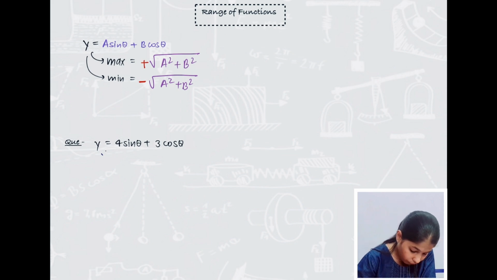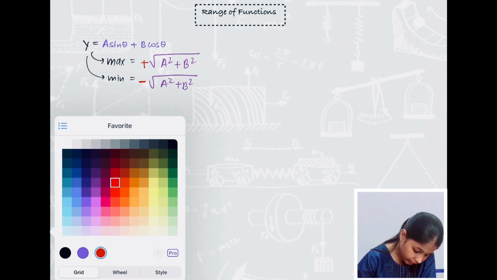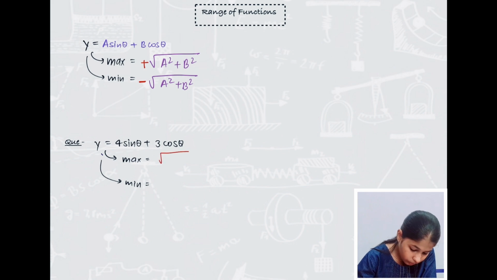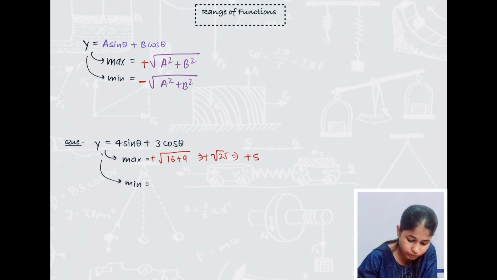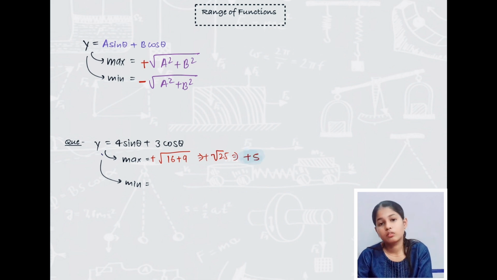For the maximum, you will solve 4 square is 16 plus 3 square is 9. What you will get is the square root of 25, so your answer will simply be plus 5.